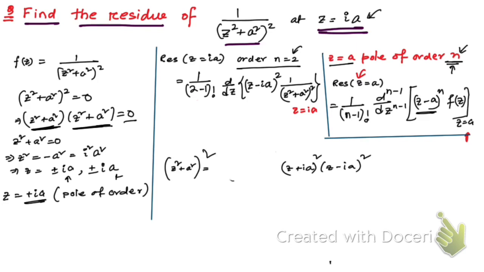Let me clean this up. Here this is going to be 1, because 1 by 2 minus 1 factorial is 1.